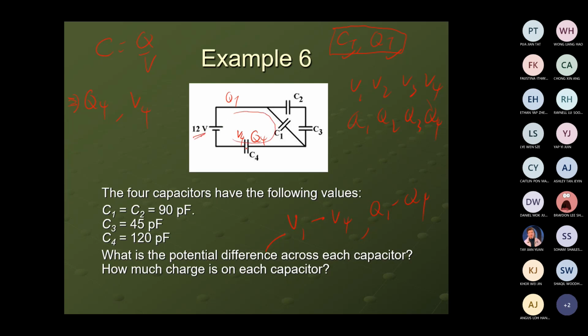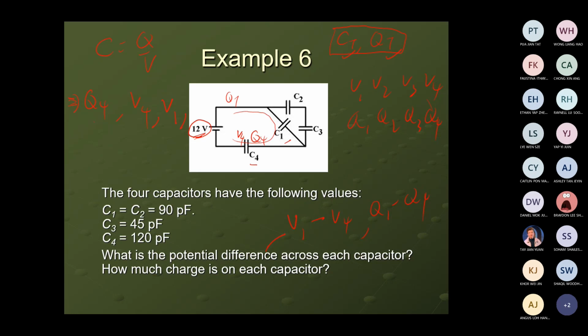The 12 volts is the same as the voltage across which? 4 and 1, right? 4 and 1 is like one loop with 12 volts. V4 you already found just now, so you can find V1, right? Yes, correct. So V4 plus V1 is 12, and you can find V1.